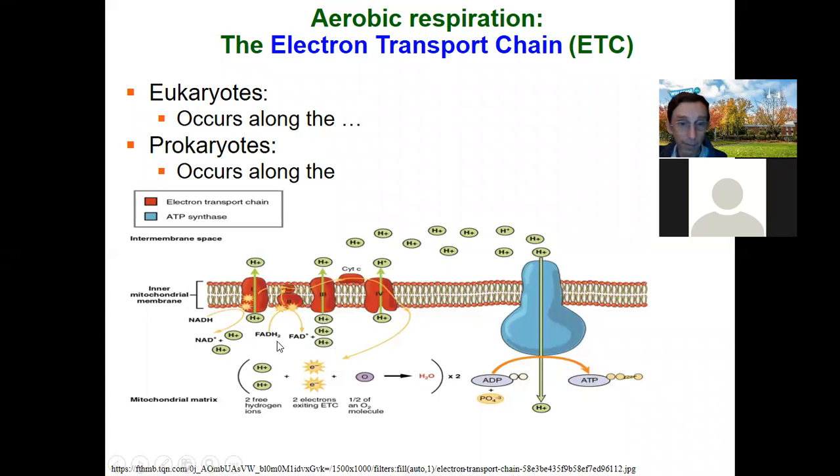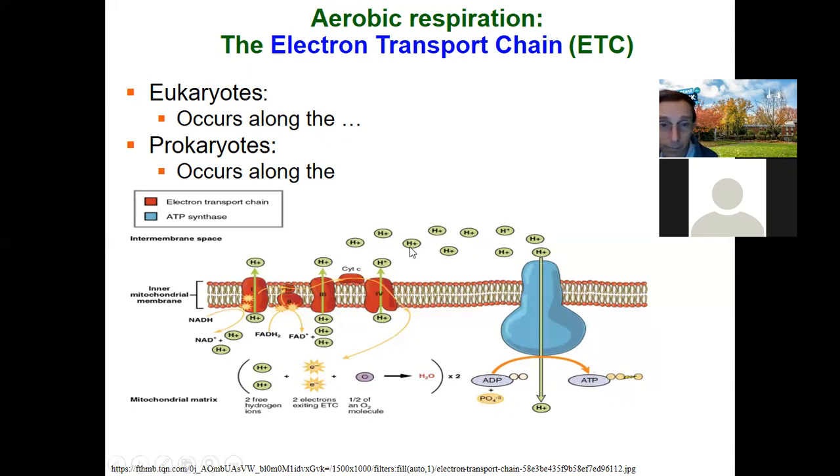That will mean there's less positive charge over here and more positive charge over there. There will also be more hydrogen over here than here, and that creates a twofold gradient, meaning there's more positive charges here than here and more hydrogen here than here. And that's potential energy difference.